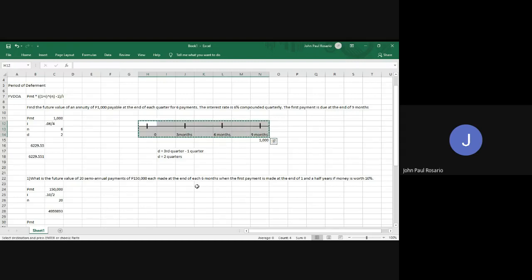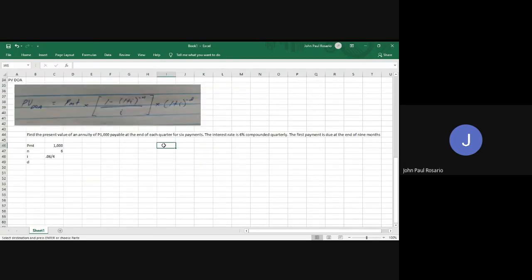Very good. Okay. So same here. For an ordinary annuity, the D is the start of your payment, divided by the number of months per period, so you'll get 3 quarters and then minus 1, so that's 2.